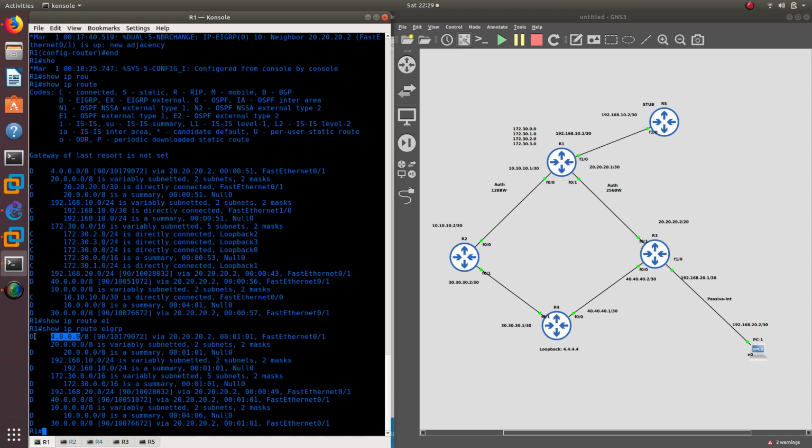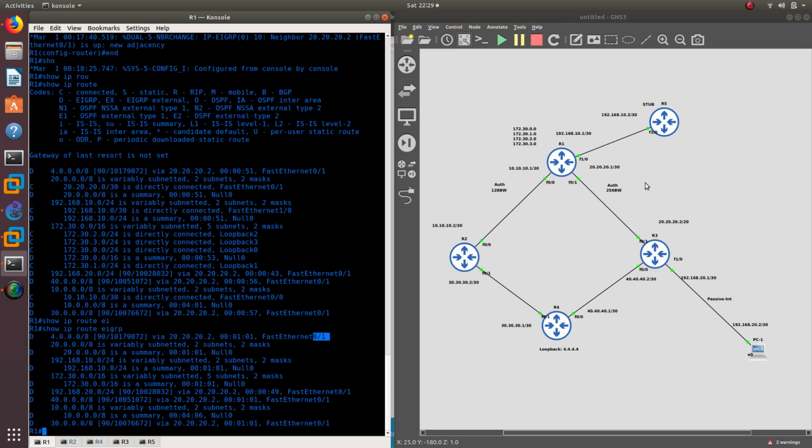So we have a route to the 4 network over here via 20.20.22, which is the best route. It is saying that FastEthernet 0/1 is the best route.